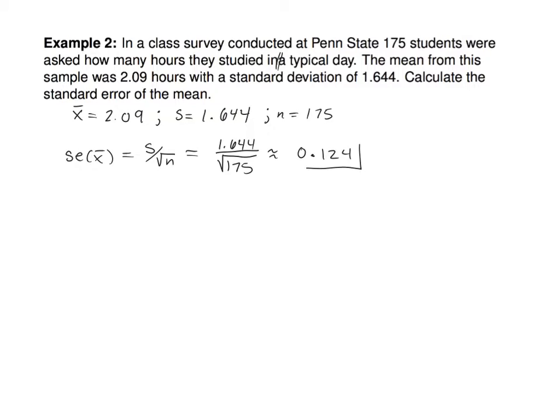So that tells you that if you repeatedly take samples of 175 and find the average number of hours studied per day, you can expect this kind of variation. That's about your standard deviation. I got 0.125. 0.12, what came next? Oh, 1245.